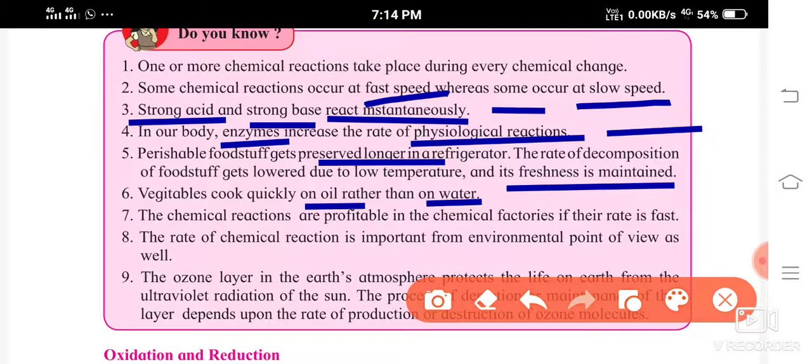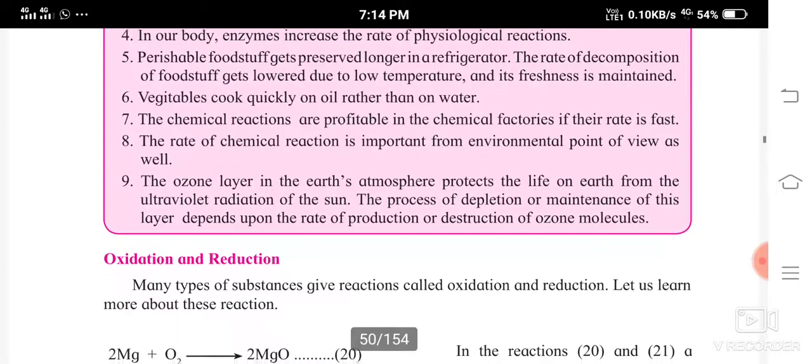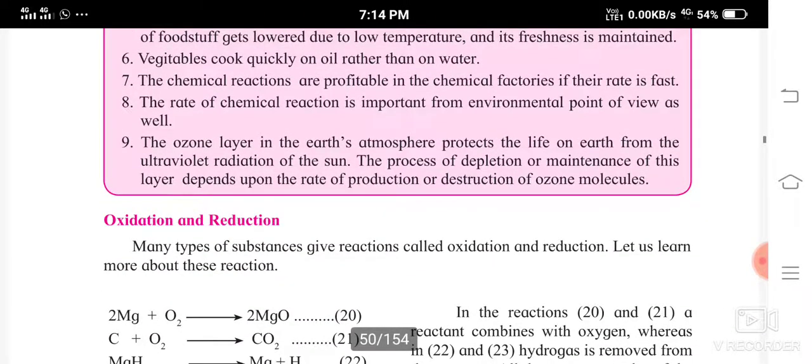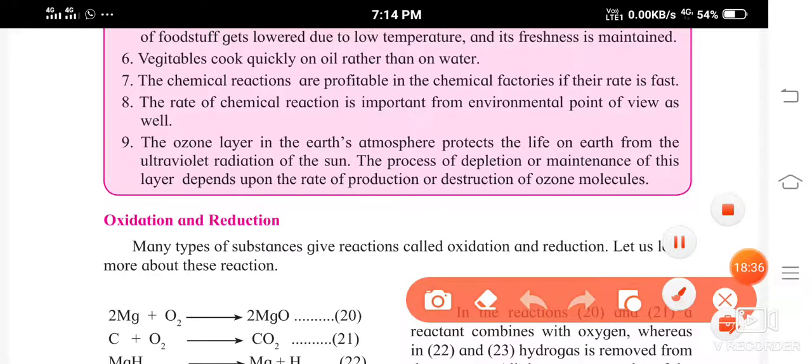The chemical reactions are profitable in chemical factories if the rate is fast. If the reaction is fast, only then is it going to be profitable to them. Otherwise, it's going to be a loss if the time taken is more.